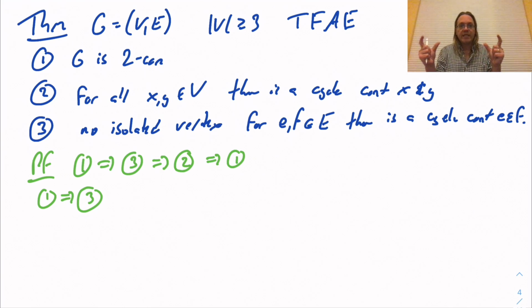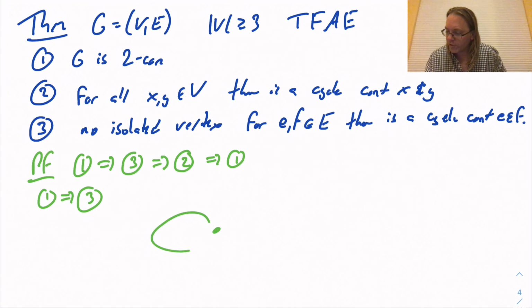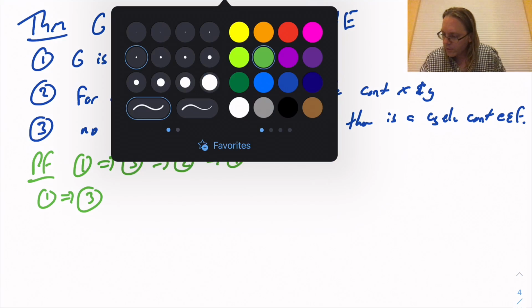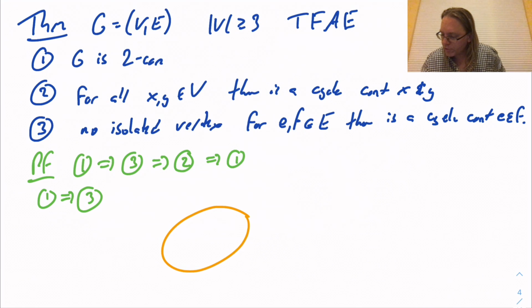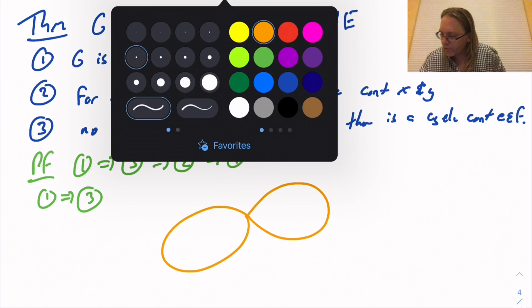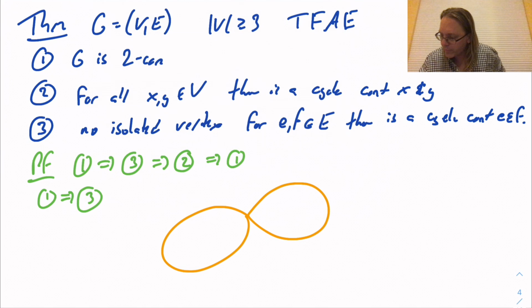Suppose I gave you 2 edges E and F and there's no cycle containing them. I'm just going to draw the picture. Then what you know is that you've got a 1 separation with E on the left and F on the right.